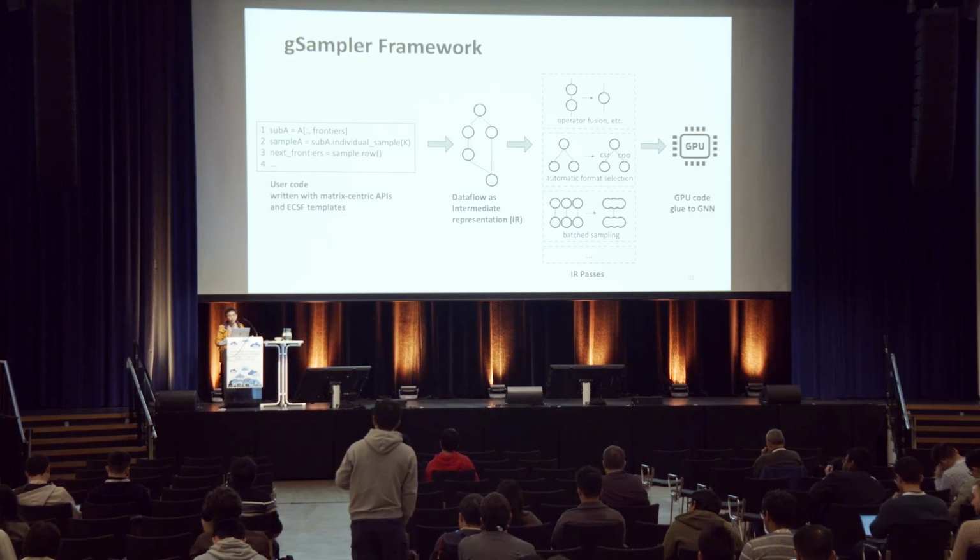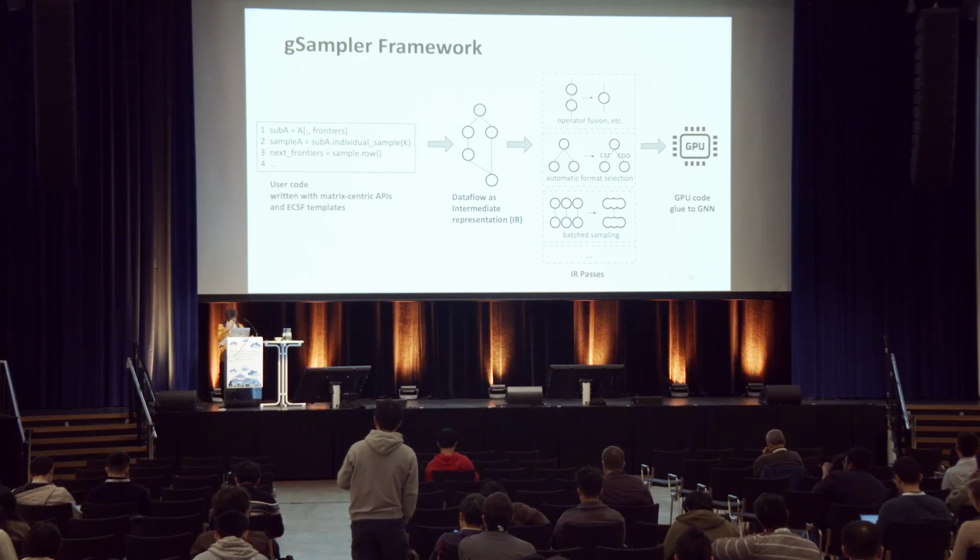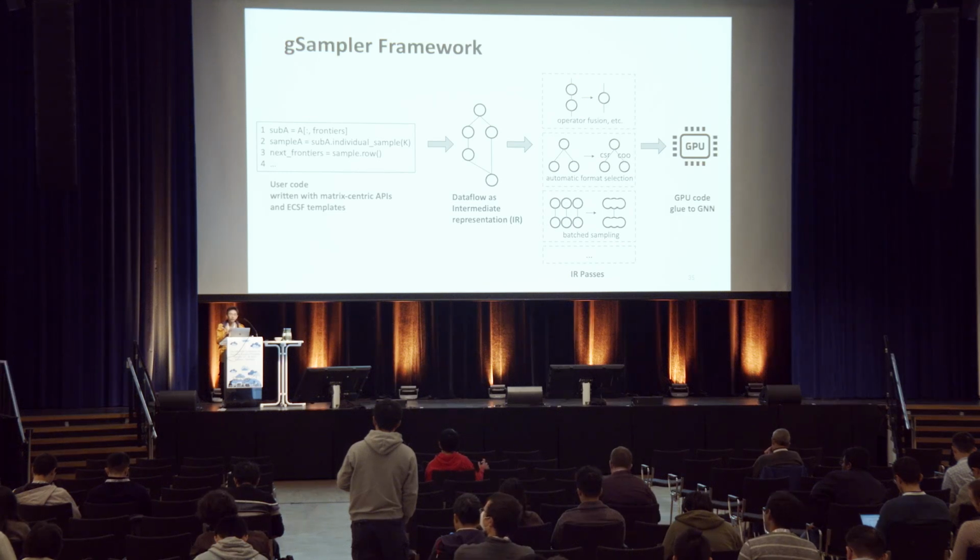For this question, we currently abstract the matrix API into very small step operators. Usually a UDF in vertex-centric systems is composed of some basic operators, for example node mapper or edge mapper, and we map these operators into the matrix space.